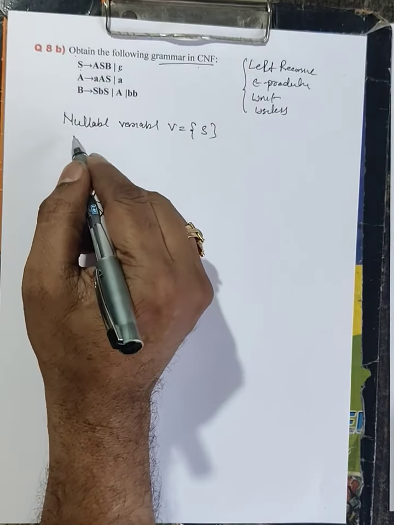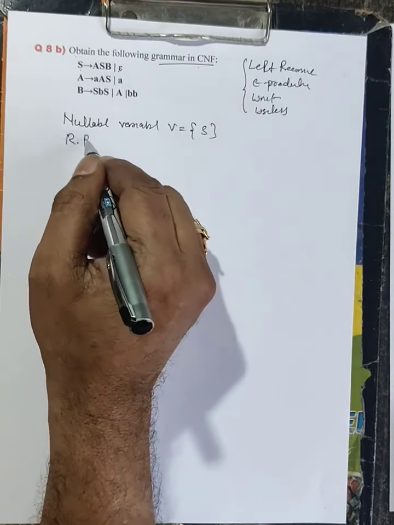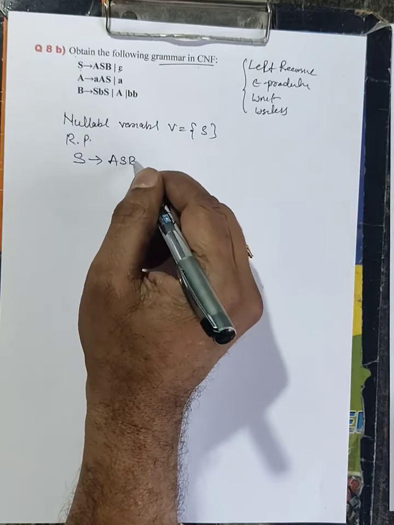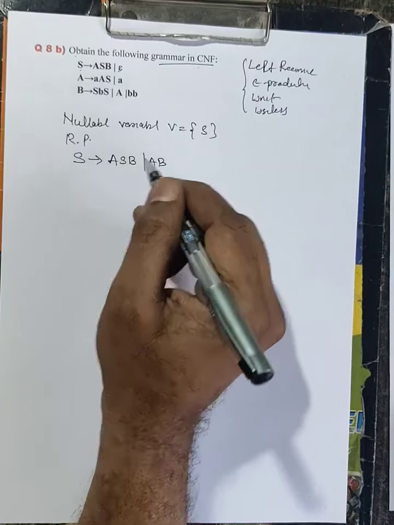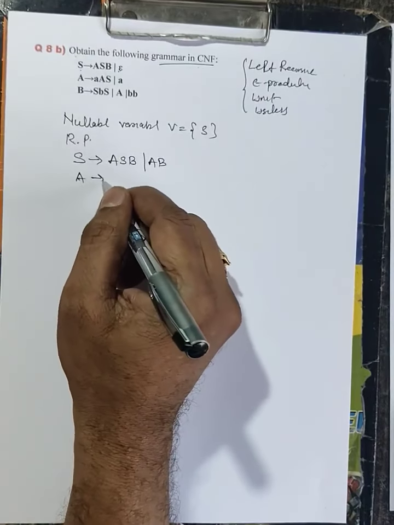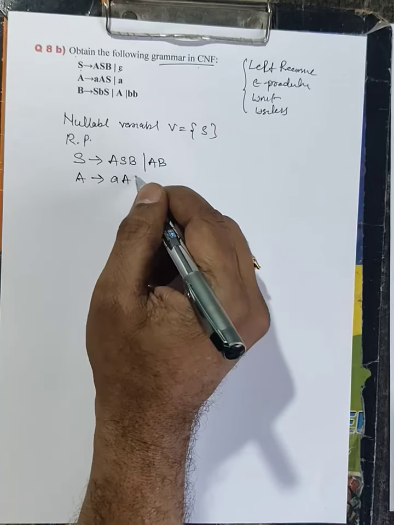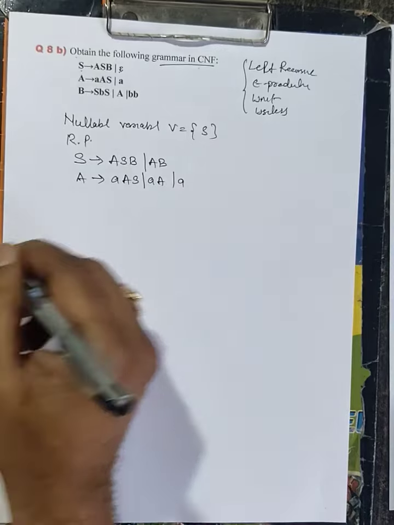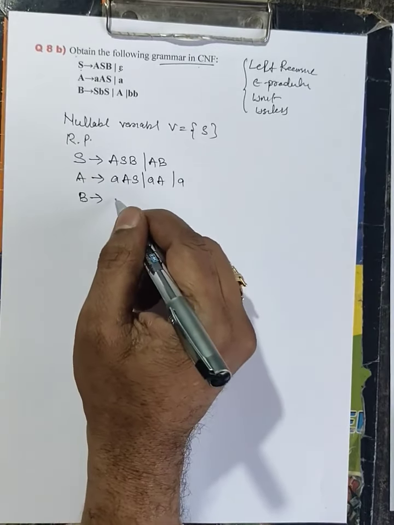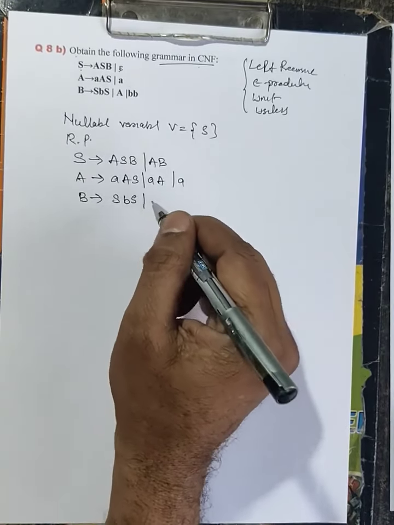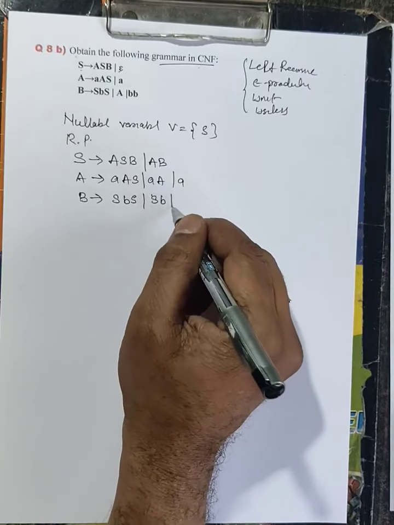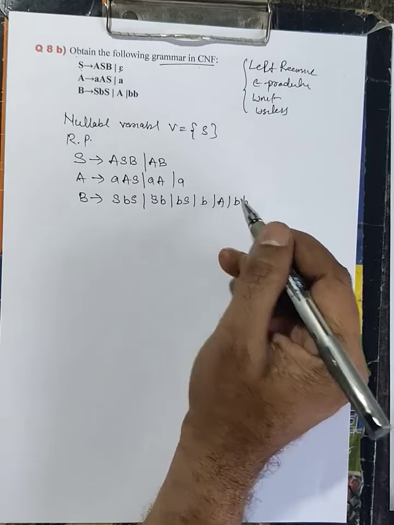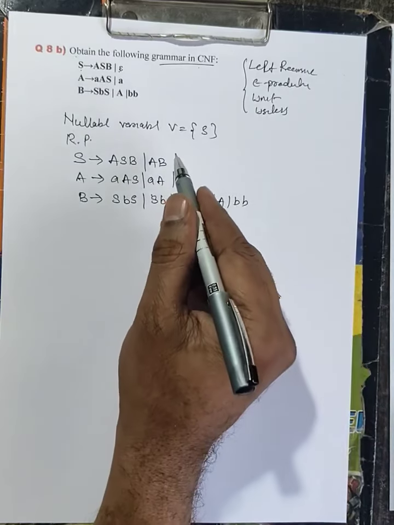After eliminating epsilon production, we get the resulting productions. S produces ASB; S produces epsilon means AB. Then A produces AAS, and S produces epsilon means AA, and terminal a as it is. B produces S, B, or SB, BS, or b, or A, or bb after eliminating epsilon.